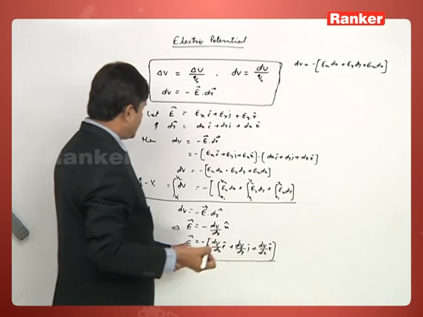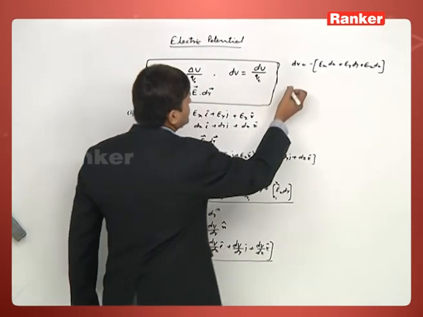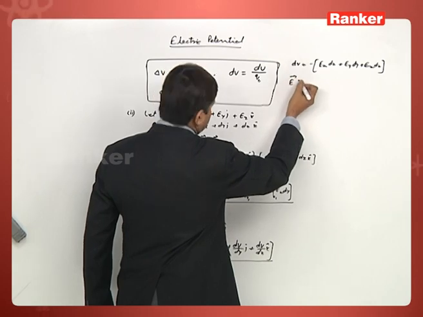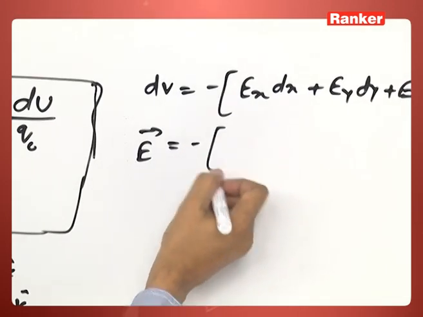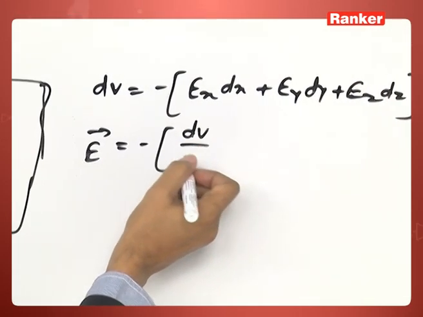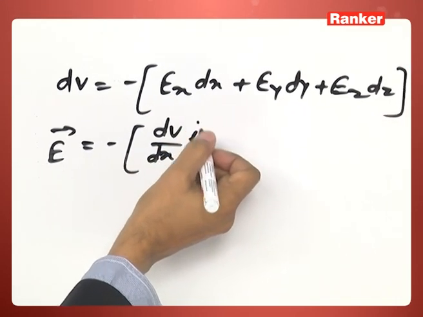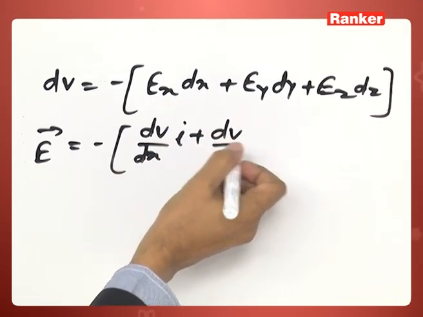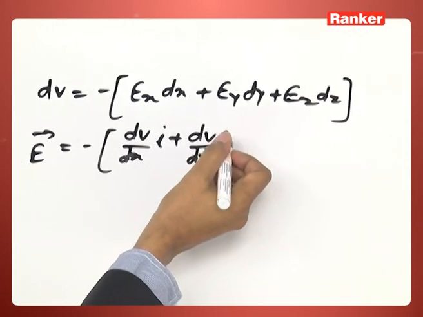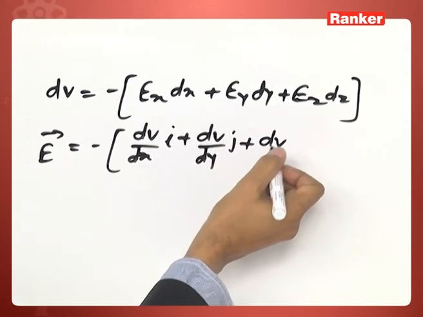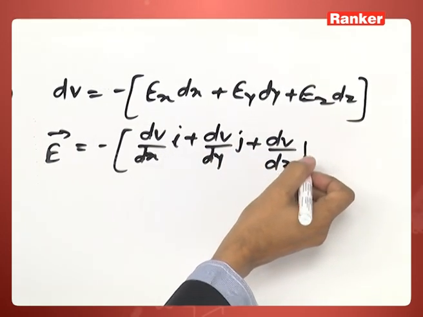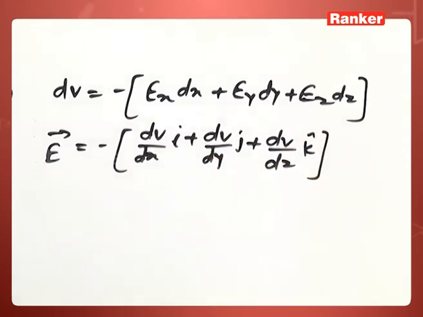Similarly, we can write E is equal to minus of dV by dx i cap, dV by dy j cap plus dV by dz k cap.